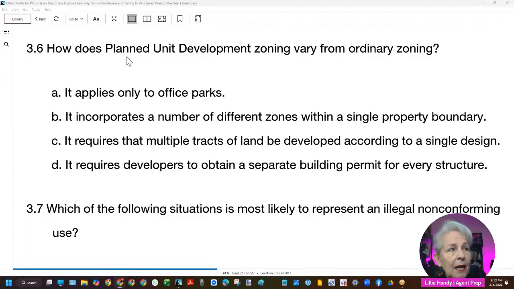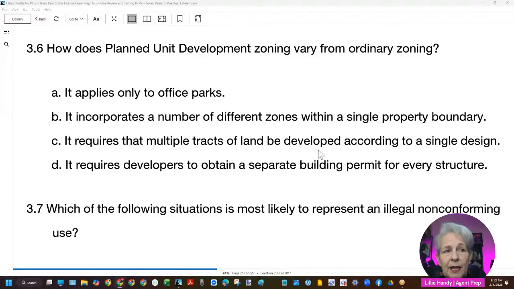So again, how does planned unit development, which abbreviates to PUD, P-U-D, zoning vary from ordinary zoning? So is it A, B, or C? It applies only to office parks. Or B, it incorporates a number of different zones with a single property boundary.